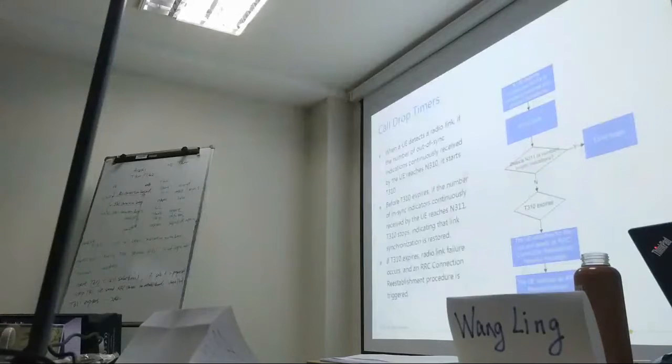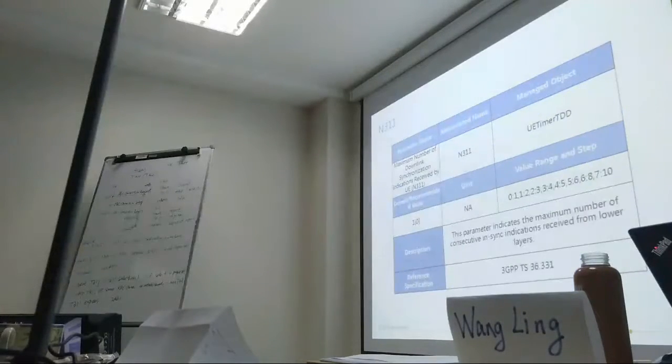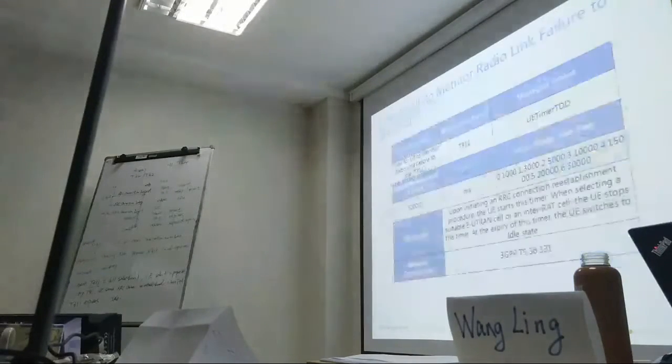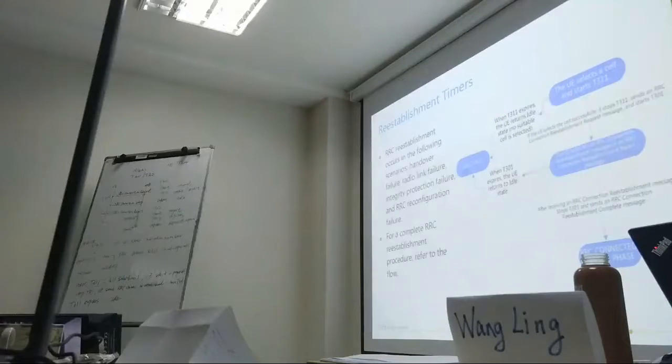If the timer expires, the UE should start T311 to select one cell. If T311 expires and it cannot find a proper cell, it goes to idle directly.